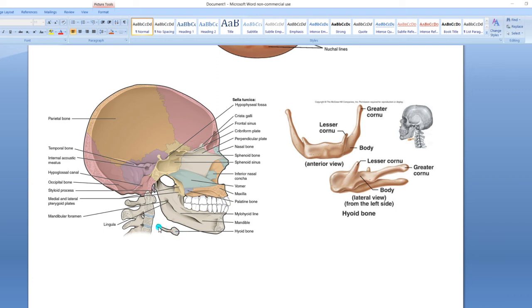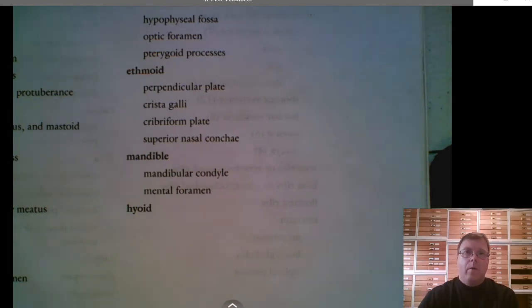Now, here's a little bit of trivia that I like to share in class that I usually put on as extra credit. Your hyoid bone is the only non-articulated bone in your body. In other words, it's the only bone that doesn't attach to another bone. It literally floats out there in your throat.